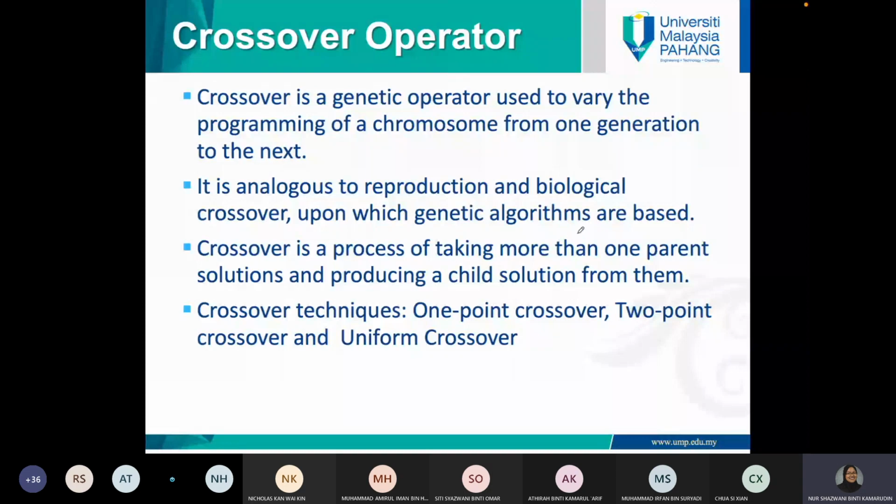The crossover process will take more than one parent solution and produce a child solution. We take two parents and then we create a child based on those two parents. The crossover techniques can be 1-point, 2-point, or uniform crossover.